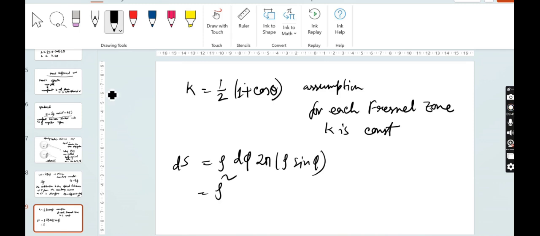So this is basically 2 pi rho square sine phi d phi.